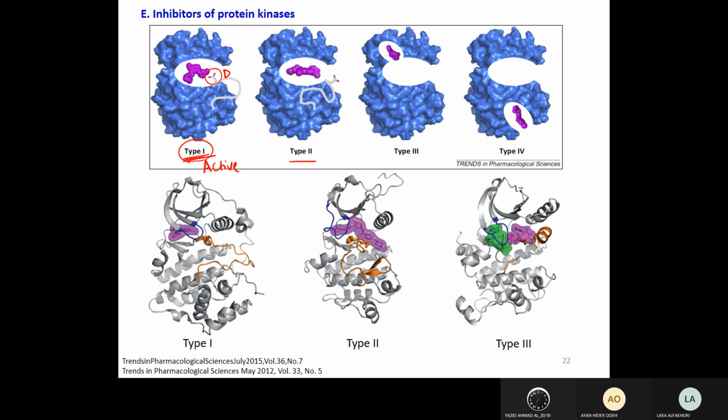Type 2, those inhibitors, they actually favor the inactive conformation, where the DFG motif, as you can see in here, aspartic acid وكأنها pointing away from the active site. Okay.